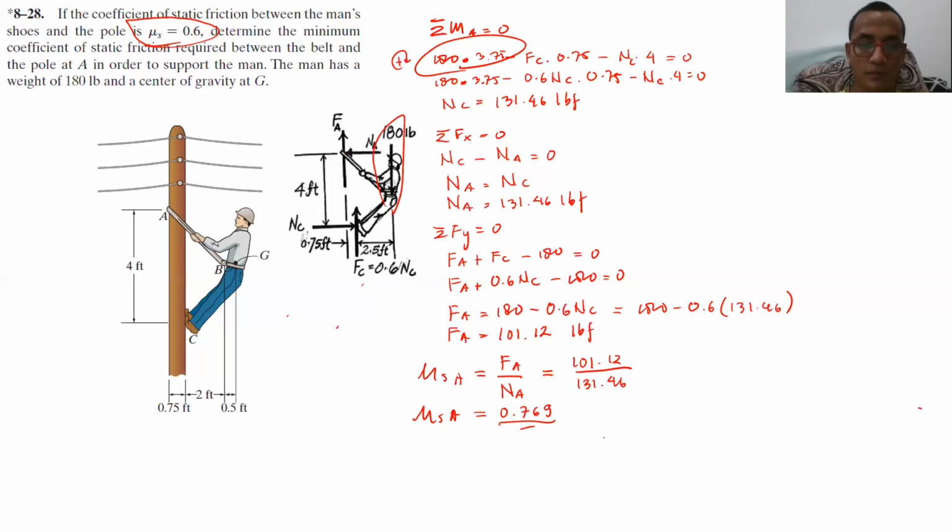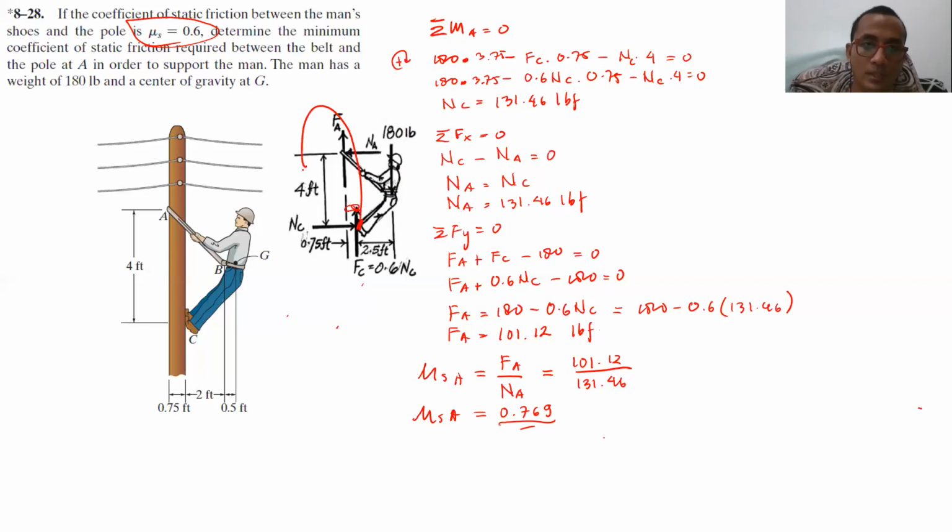Due to this particular force, because clockwise is positive, then due to the friction force at point C here, there is another moment. The moment there is counterclockwise because there is a distance here.